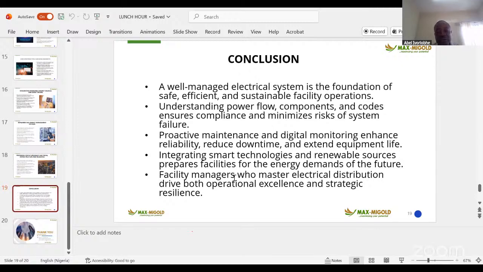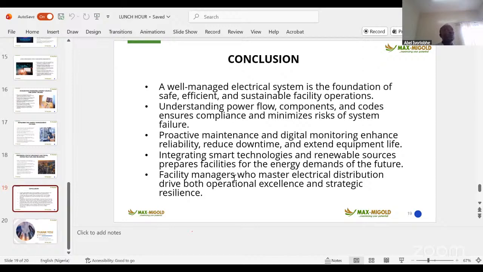Integrating smart technologies and renewable sources prepares facilities for the energy demand of the future. As the diesel price is going up, you do a cost-benefit analysis of procuring a renewable system like the solar system, the inverter and co. Present it to them and let them analyze it against what you currently have.